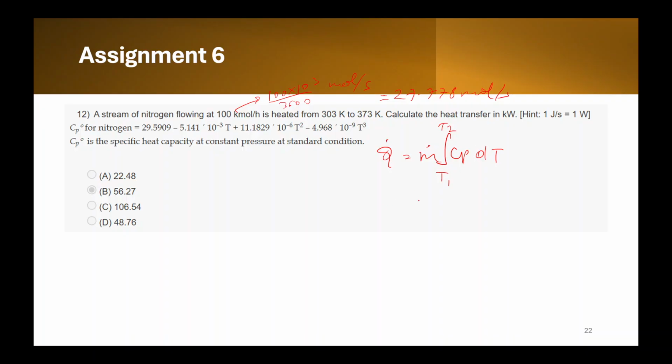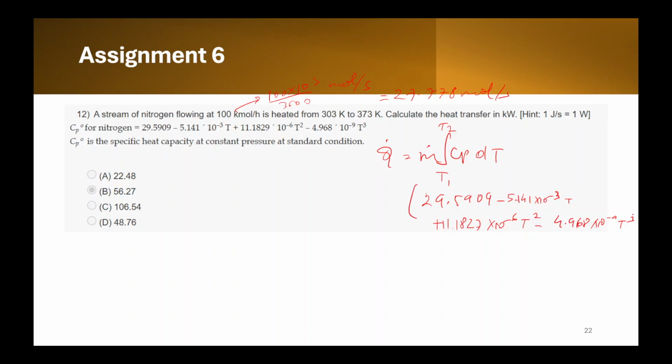So Cp is basically given as 29.5909 minus 5.141 into 10 to power minus 3 T plus 11.1829 into 10 to power minus 6 T square minus 4.968 into 10 to power minus 9 T cube.